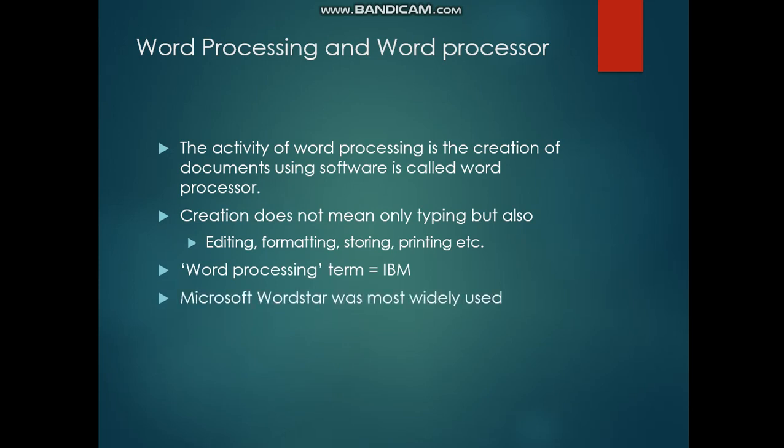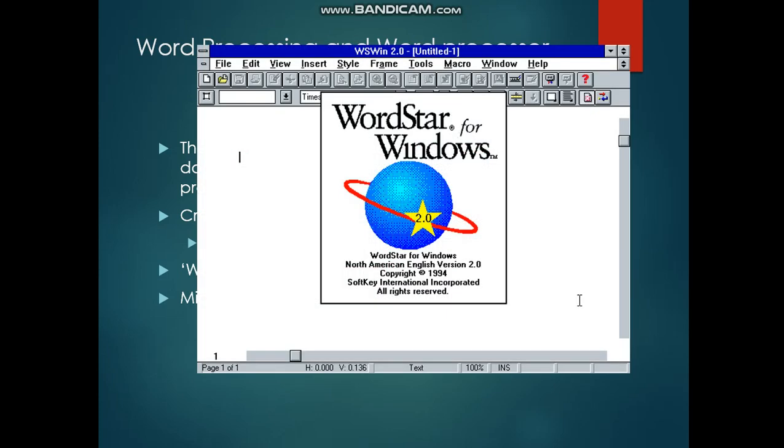WordStar was the first word processor program and it was most widely used. Nowadays we have MS Office and OpenOffice. This is an image of an old, vintage word processor, WordStar for Windows. You can see File, Edit, View, these are the menus, and in those days the standard toolbar looked like this.